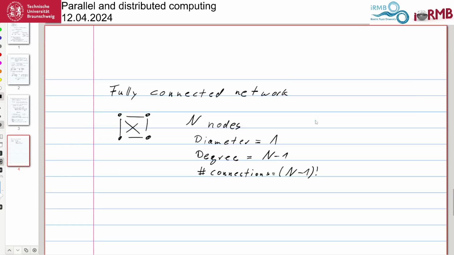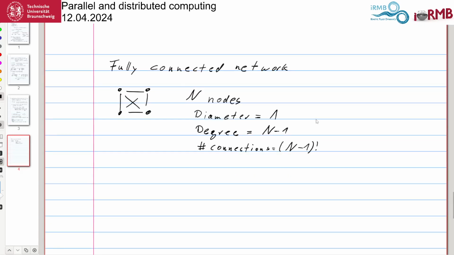Okay, so this would be a fully connected network. Then the simplest network to build would be a linear network. A linear network looks like this. You have your nodes, and then in between you have your links, your connections. For the other ones I will stop writing this now, but we'll always have n nodes.